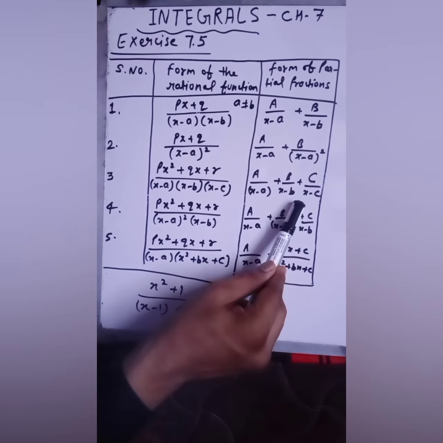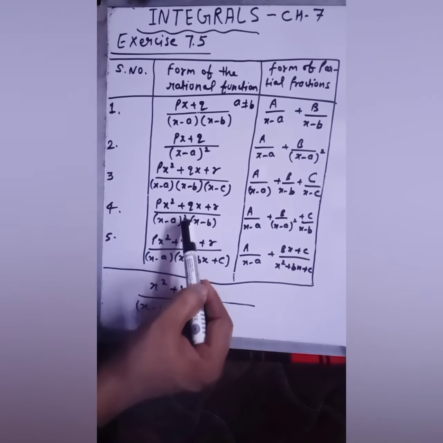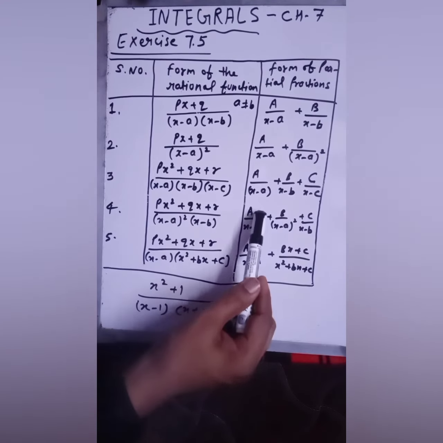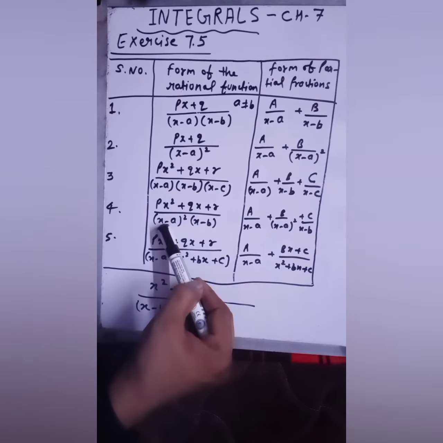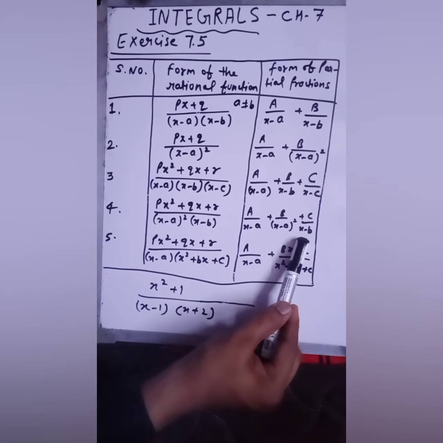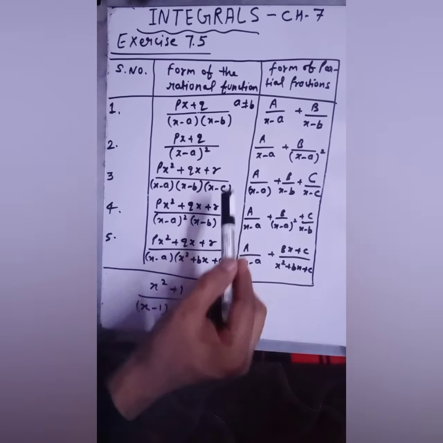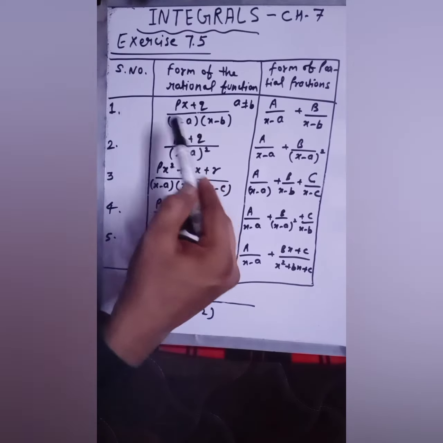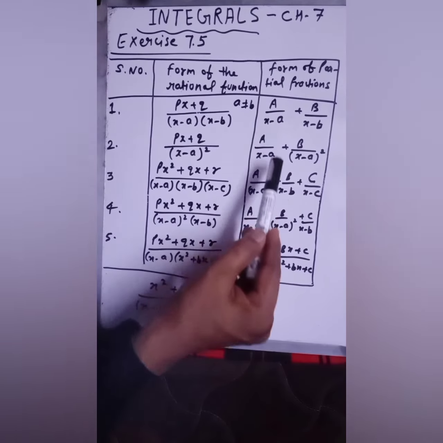If you have a fraction like this, you can convert that fraction like this. For the square part you can write a upon this one, then b upon this whole square plus c upon this. So this is a type of fraction which you can convert into partial fractions like this.